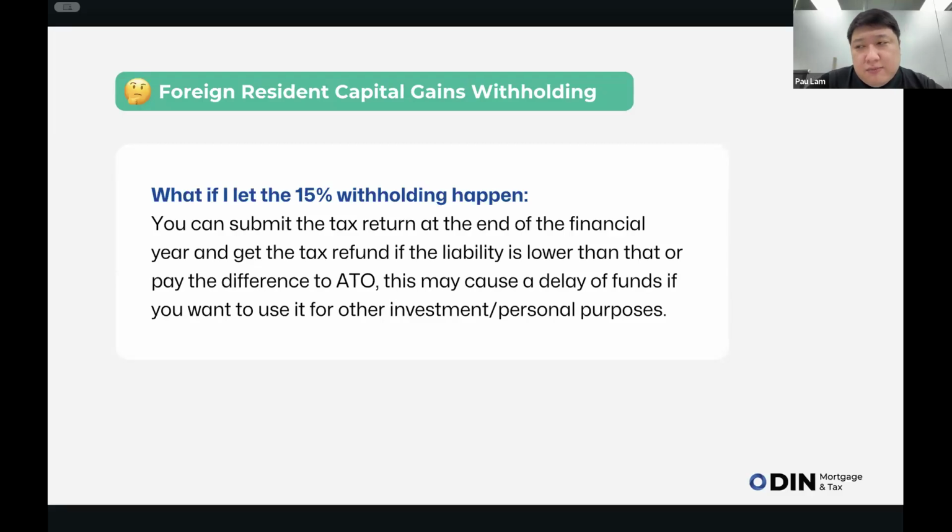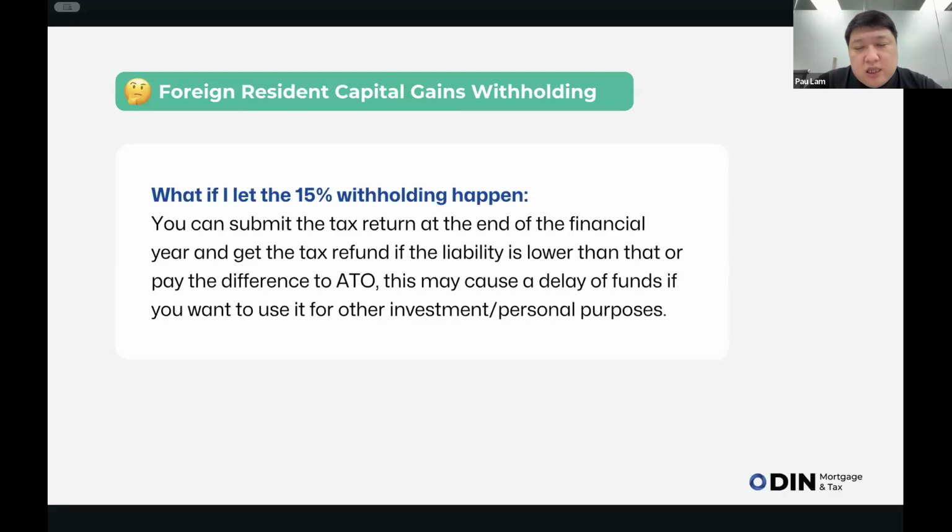This will cause a delay. Imagine you're selling a property in July 2025, and you just couldn't get the variation done in time. You need to let the ATO take that 15% until July 2026 next year. You need to wait a full year until you can submit a tax return and get a refund back.